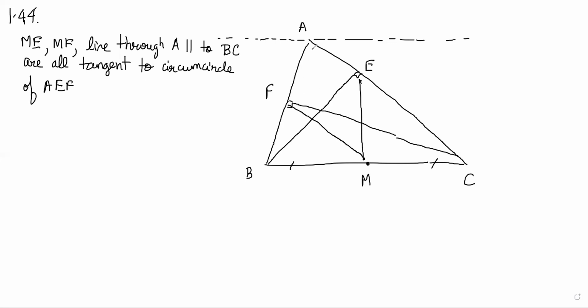Okay, so we can draw a rough triangle here and this triangle's circumcircle, right? We have to show that this is tangent like this. This is also tangent like this, and ultimately it is tangent like this. Okay, so fine.